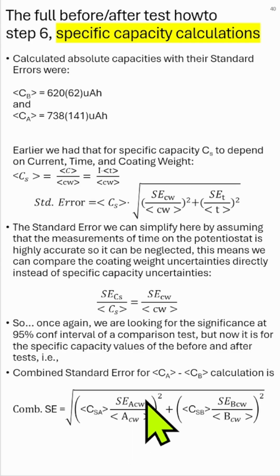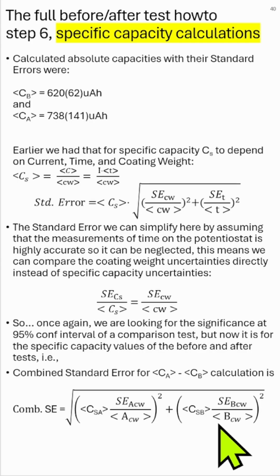And we know that the standard error of after modification will be, here we see, the relative error first in coating weight, the standard error of the coating weight divided by the mean value of coating weight. That is a percentage number, right? Times the mean value of specific capacity, right? Then we get the standard error of specific capacity for the after test set.